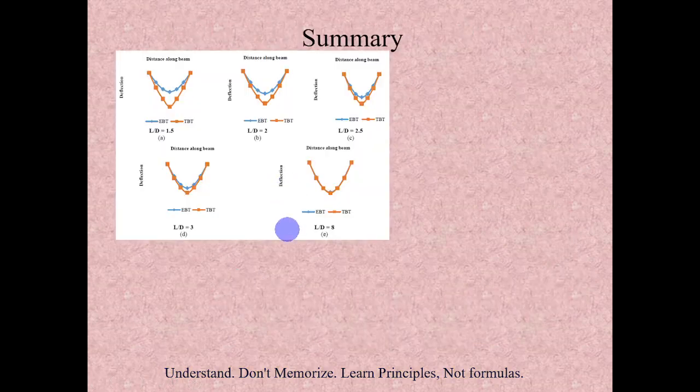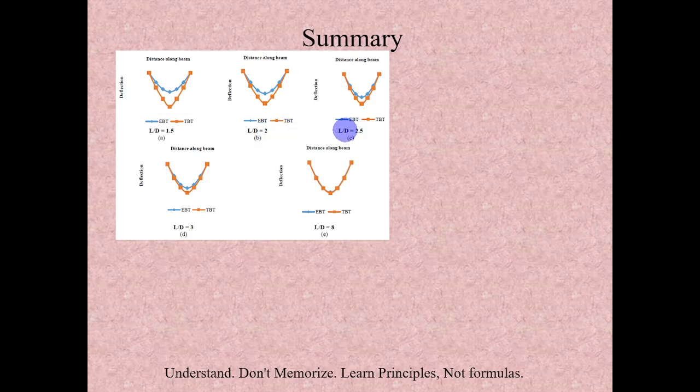So in summary, how do we classify a beam, whether it is a shallow beam or a deep beam? If you see here, there is a considerable amount of shear contribution because there is a huge difference between the two theories. When there is a considerable difference due to the shear component, we should call it a deep beam, otherwise a shallow beam. It all depends upon the code. The Indian code says that if L by D is less than 2, it is a deep beam.